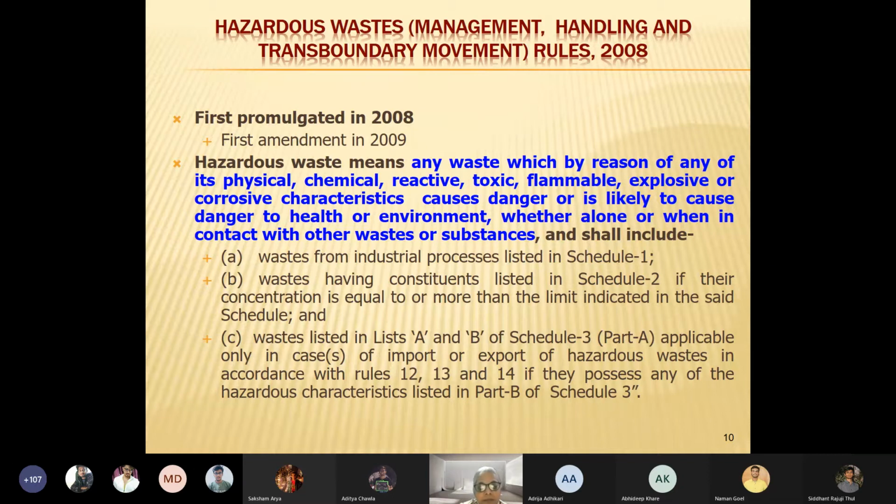And this is considered hazardous whether it's by itself or in contact with other materials.